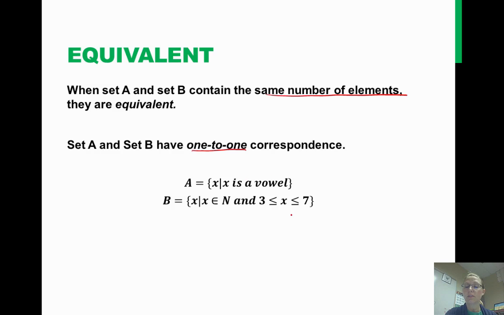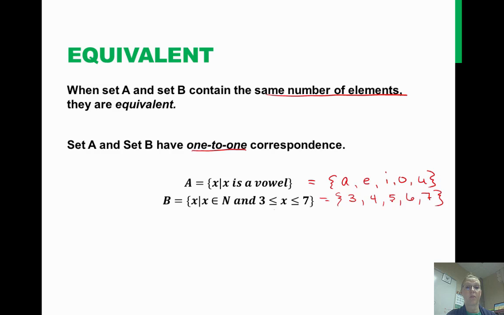Let's look at these two sets and write them in roster method to see if they have the same cardinality. So in this case, we have vowels. We have A, E, I, O, and U. Set B, starting with 3, we have an equal sign there, so greater than or equal, or less than or equal, so we'll start with 3, 4, 5, up through 7.